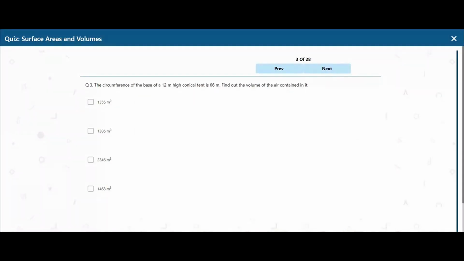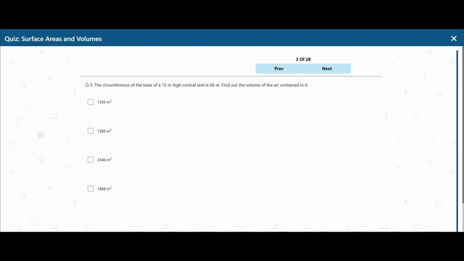Next is Anjali. Yes, ma'am. Circumference of the base is 66. Height is 12. Find the volume of the cone. 1/3 pi r squared h. Ma'am, what is the conical tent?